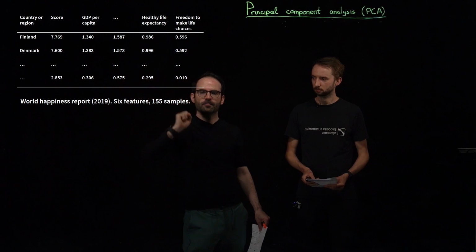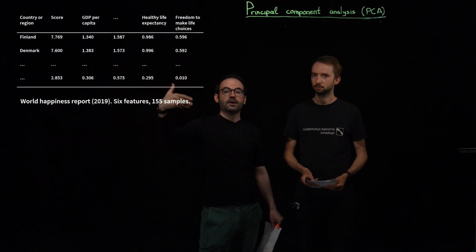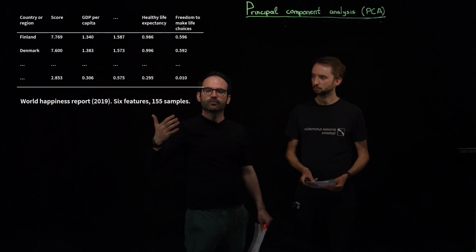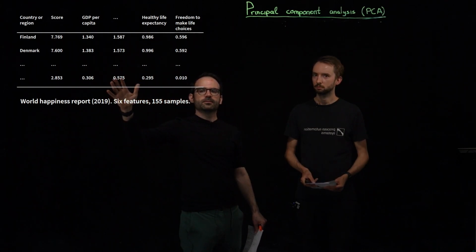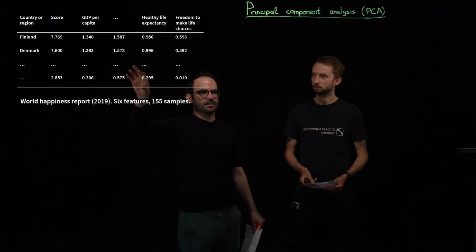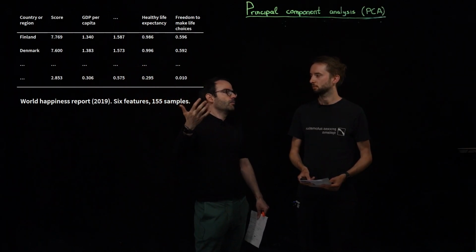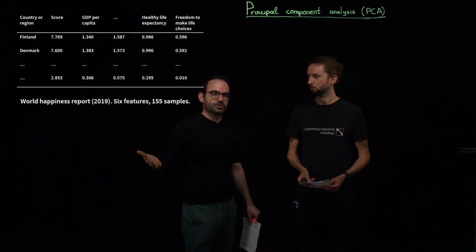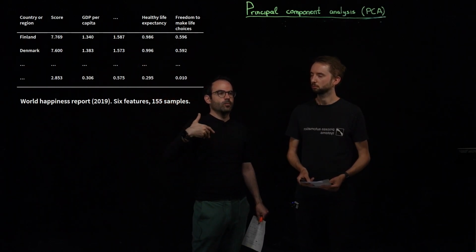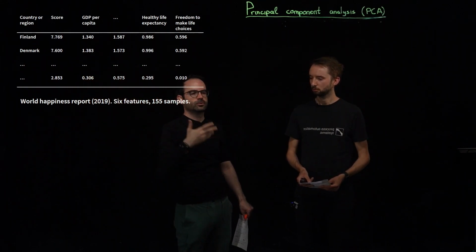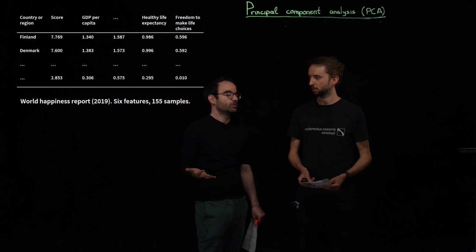There are 2 that are missing because we don't have enough space. These are the inputs of the data that we have, and we would like to find out what is the best possible way to represent this data such that maybe we don't need all these full 6 features. Maybe with 1 feature or 2 features, it is enough to actually work with those features and do a prediction of our score or do any other task that we want to do with those.